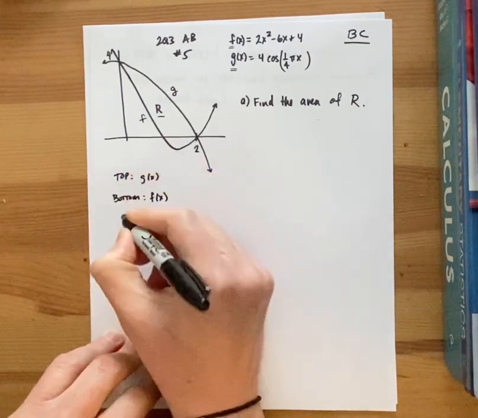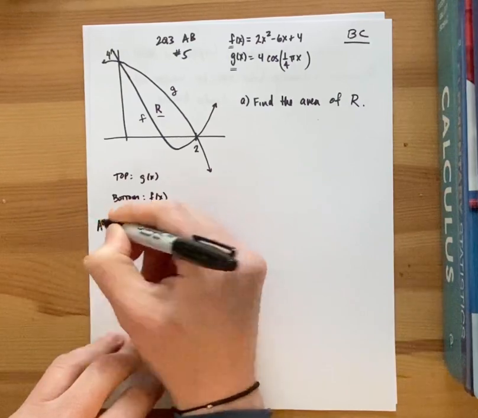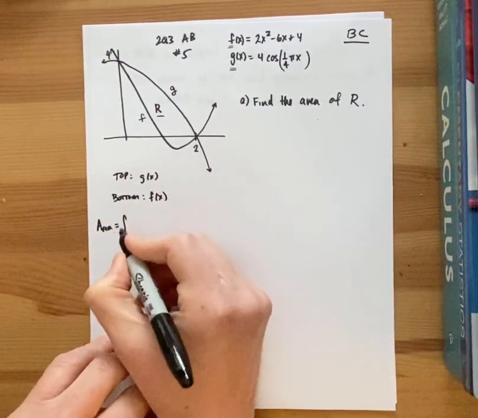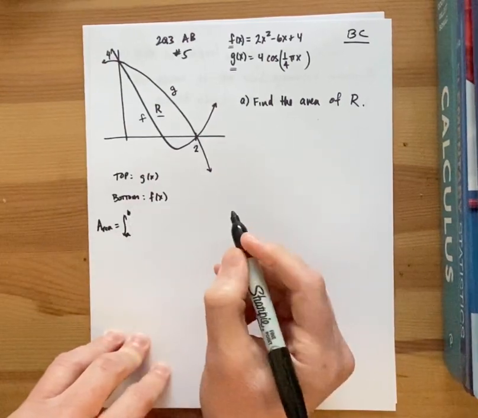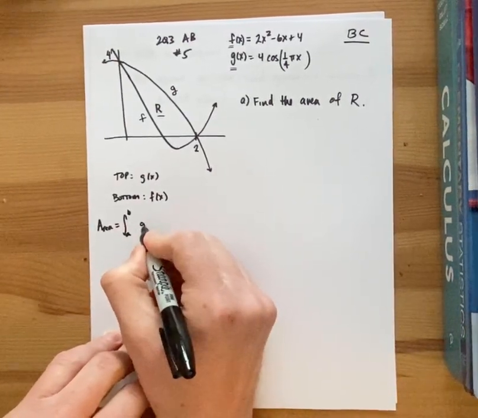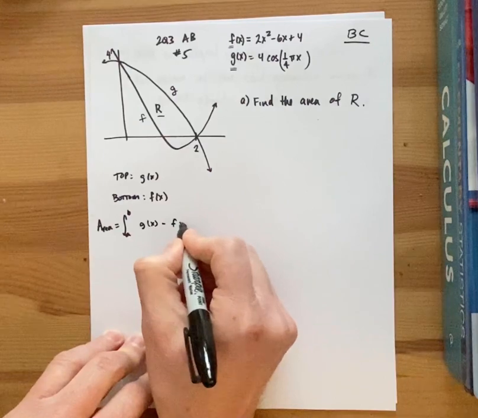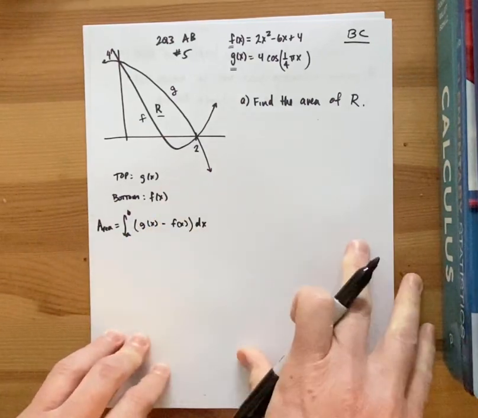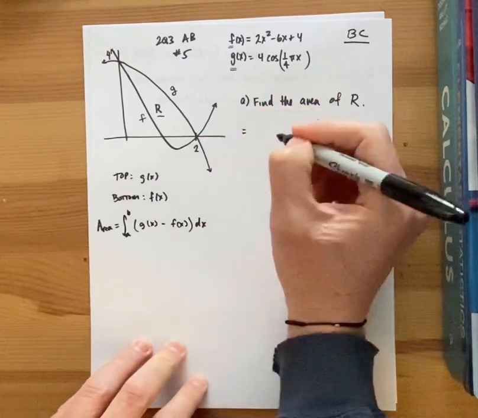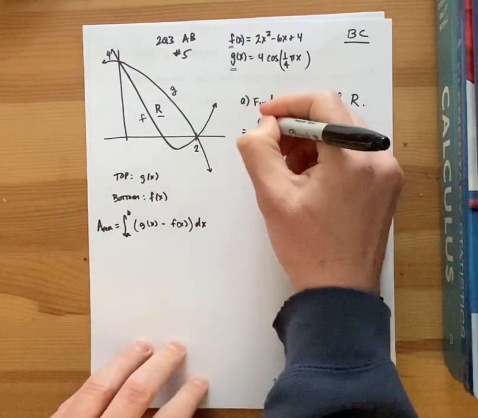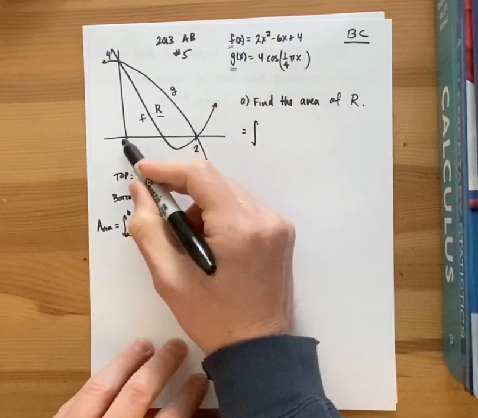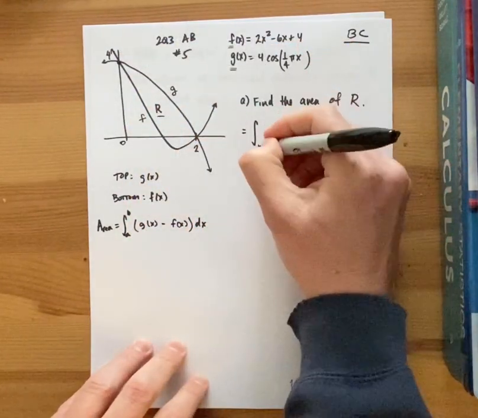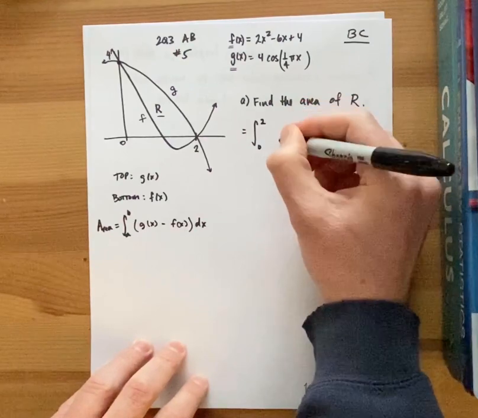And remember, when you're doing area between two curves, you have your intersection, and then it's top minus bottom. So in our situation here, when we're looking for the area of that region, I'm doing the integral from 0 to 2.